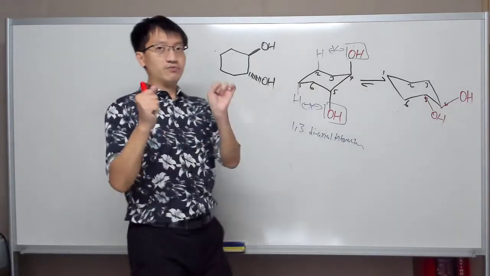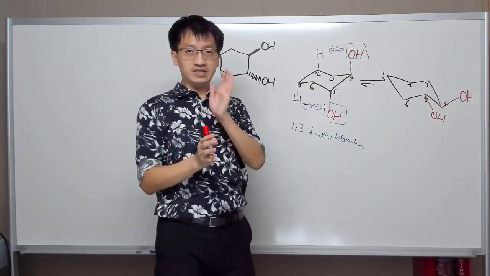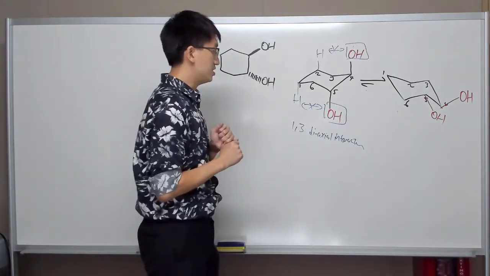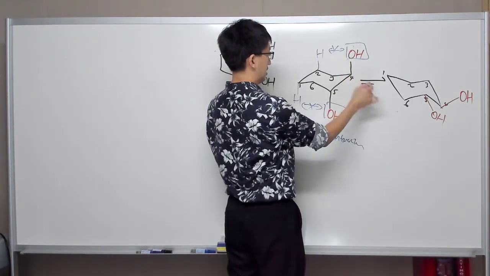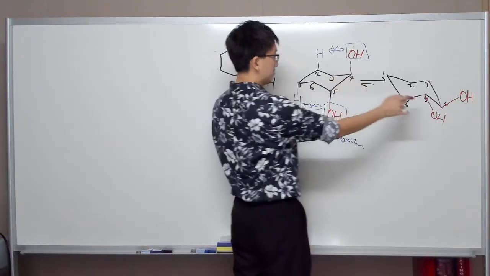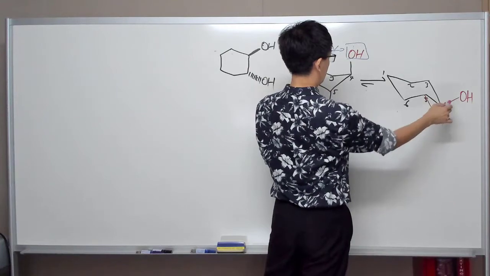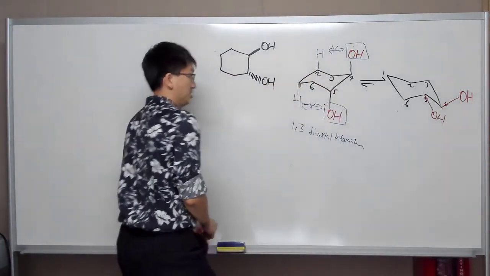But a very important detail I thought I should highlight to all the students out there is that when we do a ring flip, the configuration of the carbon doesn't change. What do I mean by that? You'll notice that carbon 4 has the OH pointing up and the H in the equatorial position downwards. Can you see that at carbon 4 here, it has not changed? The OH is still pointing up, and maybe I should draw in the H for completion.